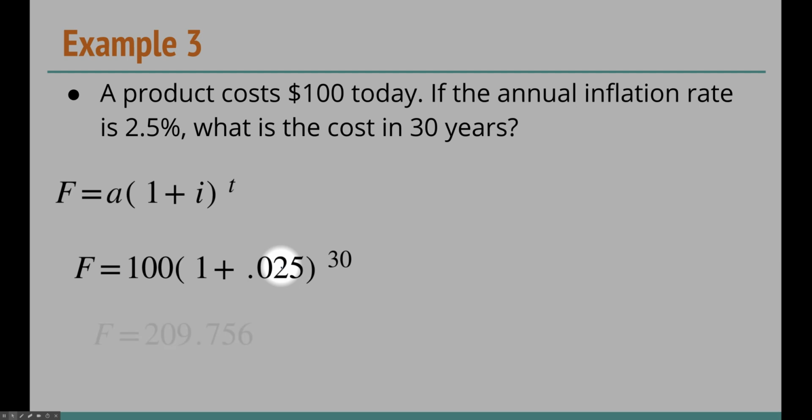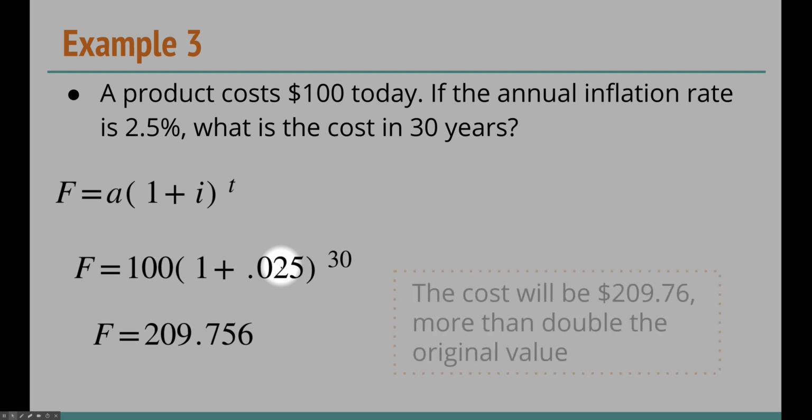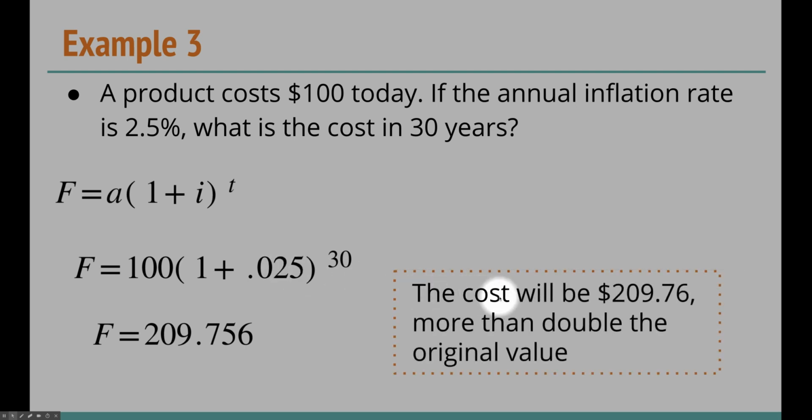And that's a simple calculation to do. It ends up being $209 and roughly 76 cents. So you can see that the cost is going to more than double of what it originally was, with a relatively low inflation rate that's allowed to act on our particular item for a total of 30 years.